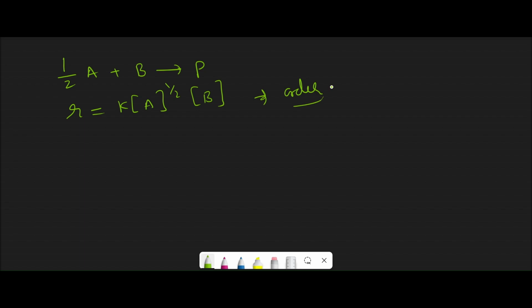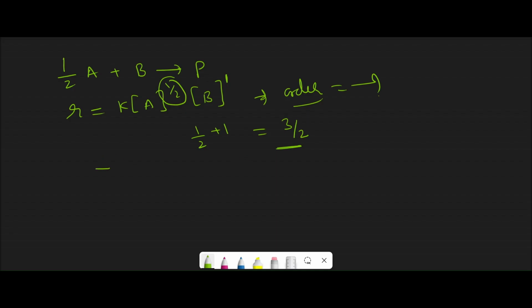Suppose for example they have given the equation 1 by 2 A plus B gives rise to P. As per the rate law, they have given K into A power 1 by 2 into B. Then what is the order of the reaction? Sum of the powers, that means 1 by 2 plus 1. So the order of the reaction will be 3 by 2.